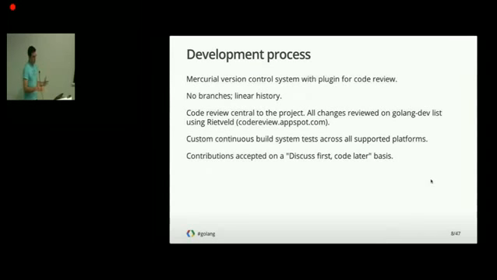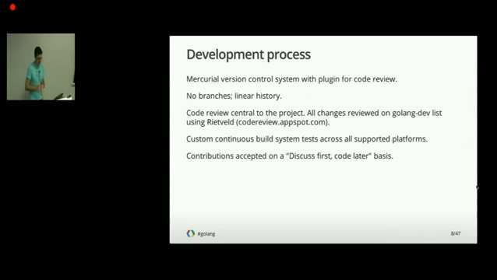All changes are code reviewed, and they have to be approved by a committer and submitted by a committer. We review them in public on the golang-dev mailing list, and that's been the case since launch day in 2009. We have a continuous build system that tests Go across all of the officially supported platforms.